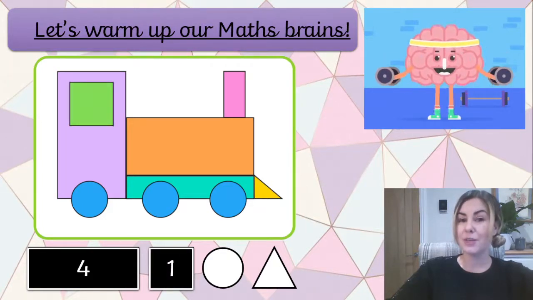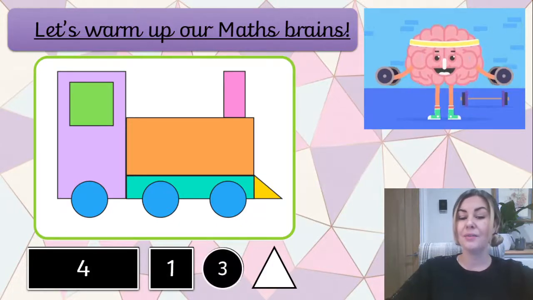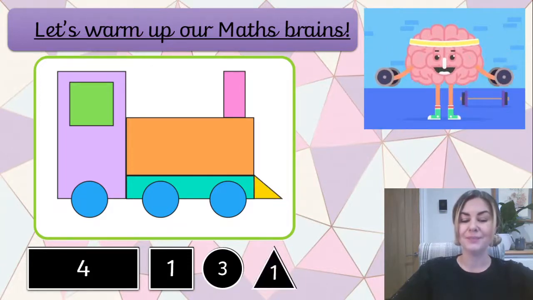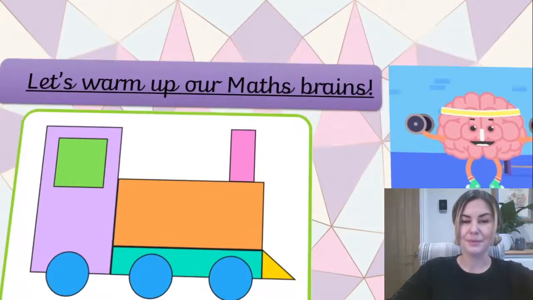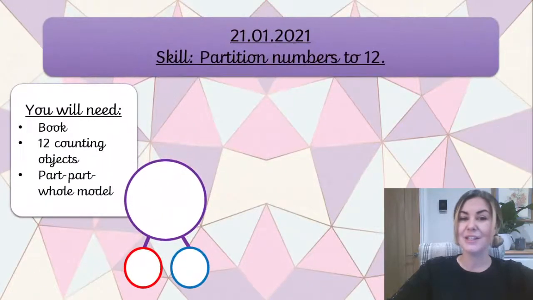How many circles did I have? 1, 2, 3. I had 3 circles. And finally, how many triangles did I have? 1 triangle. Great work, everybody.